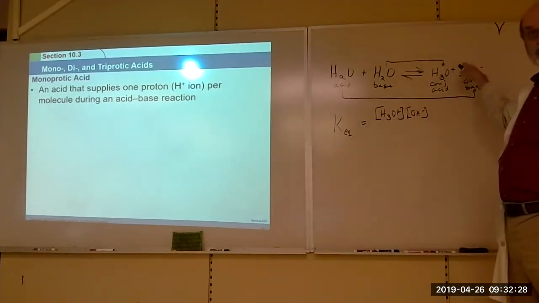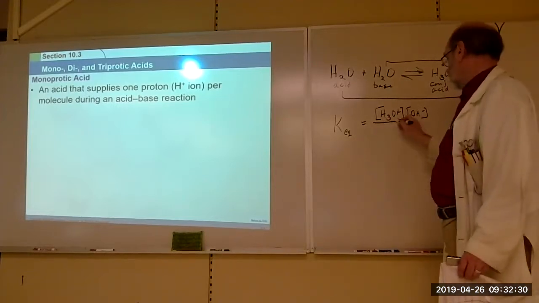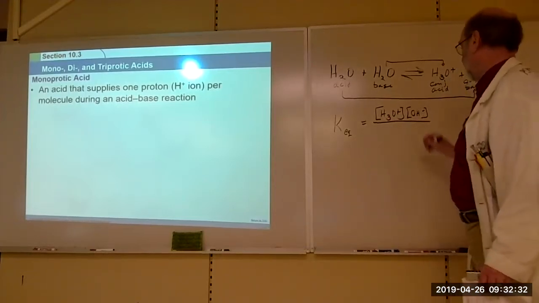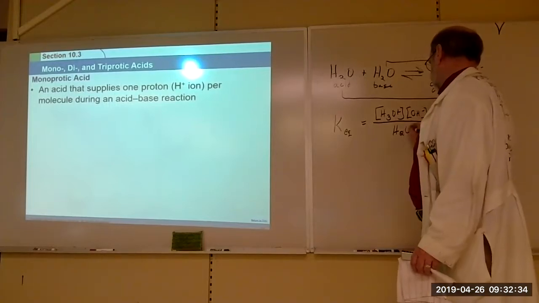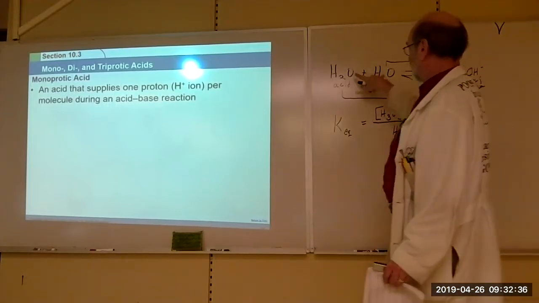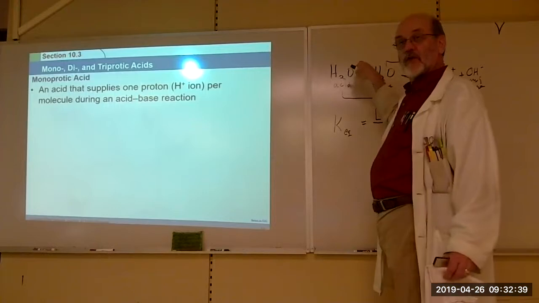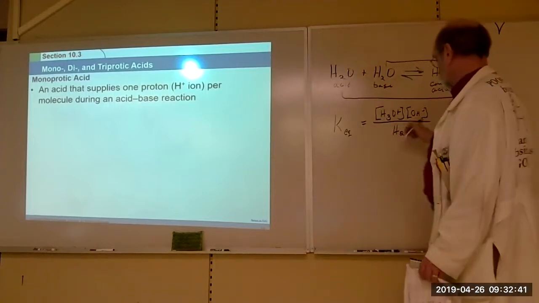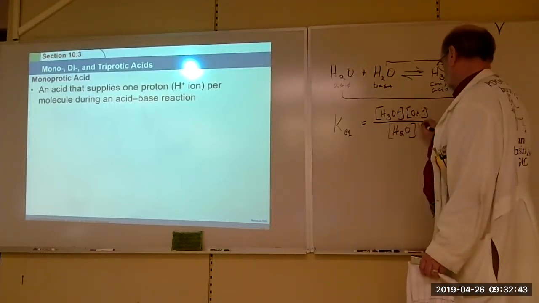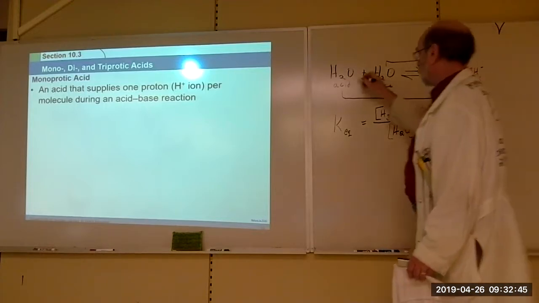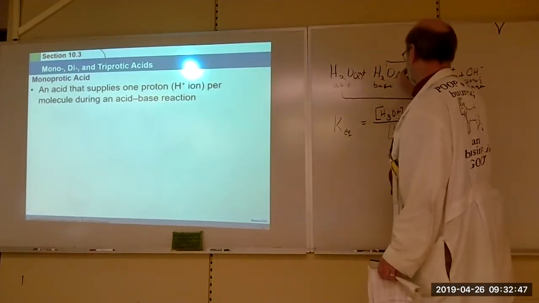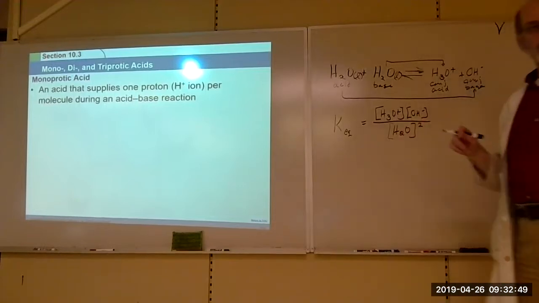Products divided by reactants. But if we combine these two, it would have a coefficient of 2, right? But these are pure liquids, aren't they? Remember what we said about pure liquids and solids?